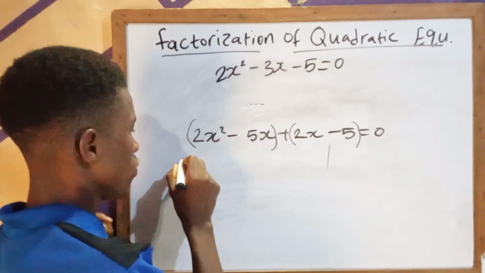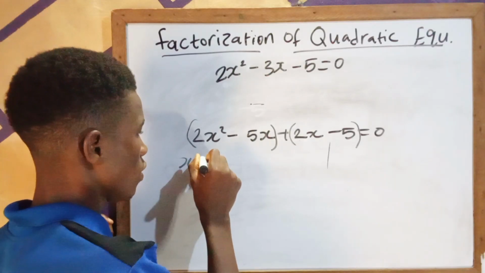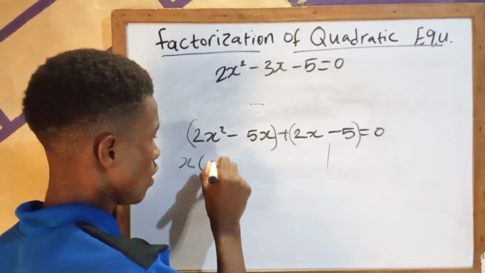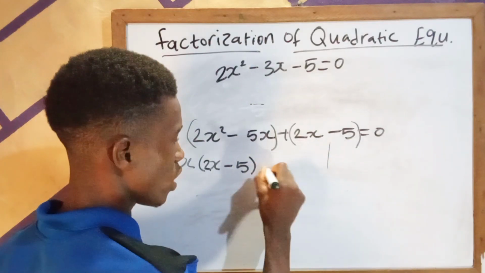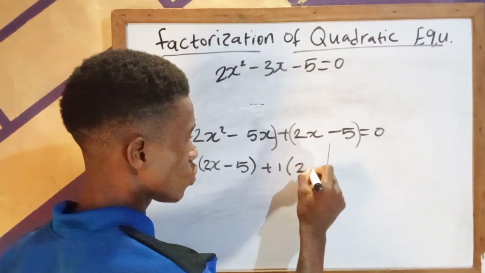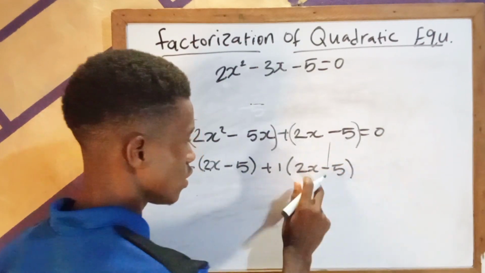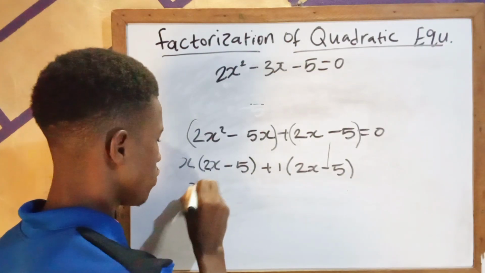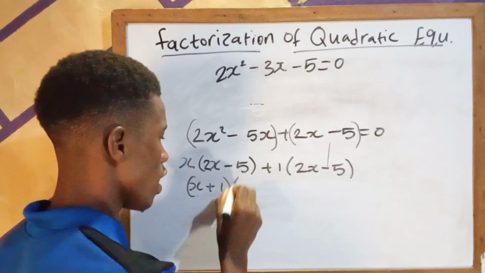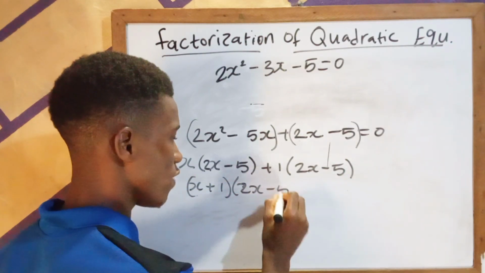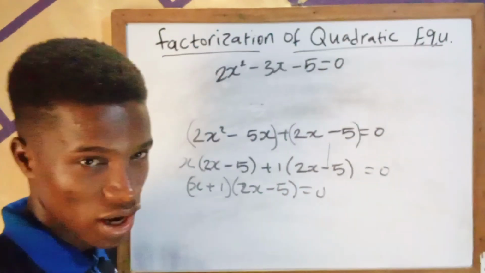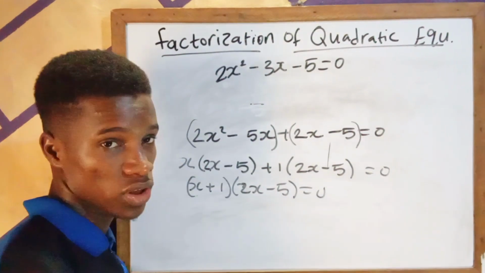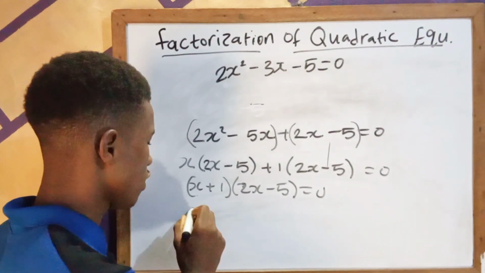When we factor out x here, we have x bracket 2x minus 5. When we factor out 1 here, we have 2x minus 5. So we have x plus 1 and 2x minus 5 equal to 0, multiplying them. As usual, you equate both factors to 0, because you already know the reason.